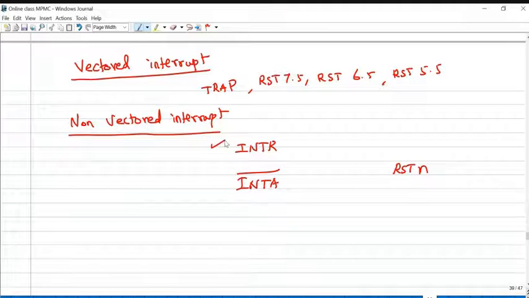This is non-vectored interrupt. The address location of the interrupt service routine is sent by the external hardware. So this is one classification.